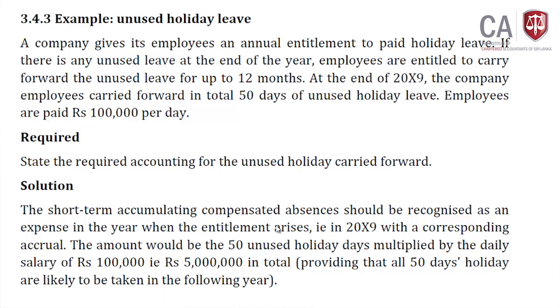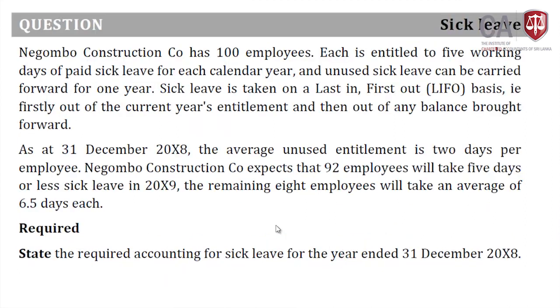The amount is 50 unused holidays multiplied by the daily salary of 100,000, which means 5 million should be recognized in the financial statements of 2019. Even if you take those leaves in 2020, you will recognize them in the 2019 financial statements. Why? You have delivered that service in 2019.